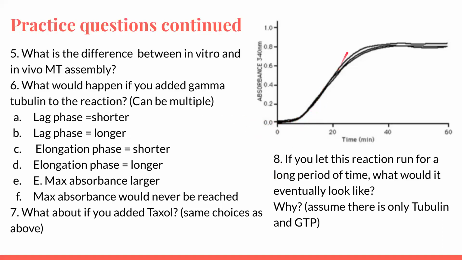Does anyone want to explain why they thought the elongation phase was longer? I actually don't have a great explanation for that. Rachel, do you? I think it's just because there'll be more, I don't know.